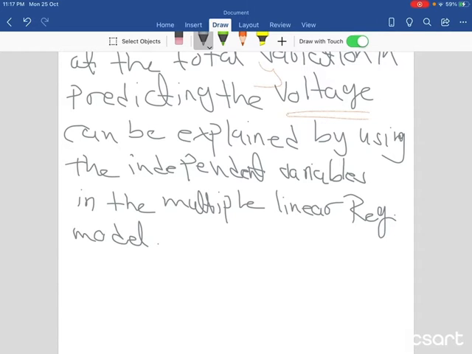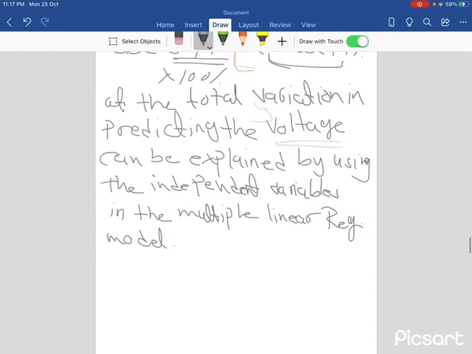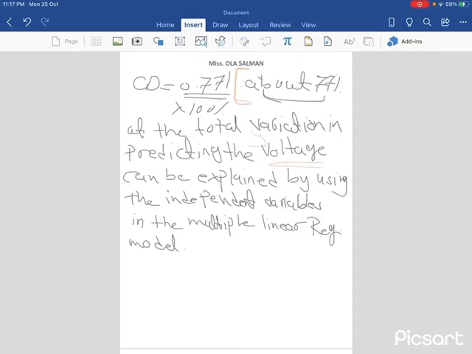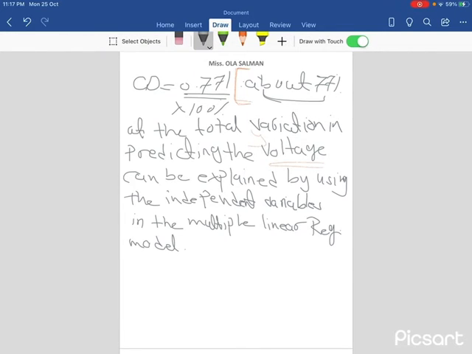So you will write it as it is in the example they gave me, but you will change this number, which you will find yourself. You write 'of the total variation in predicting y', and y you will write as voltage, the exercise word, 'can be explained by using the independent variables in the multiple linear regression model'.